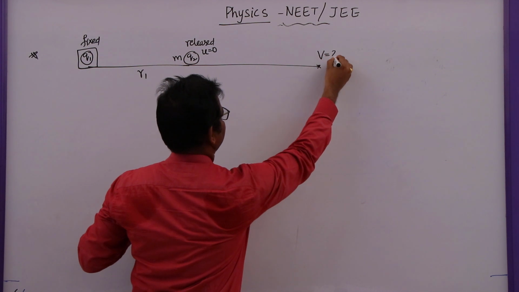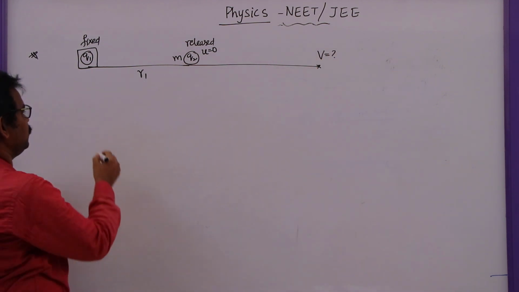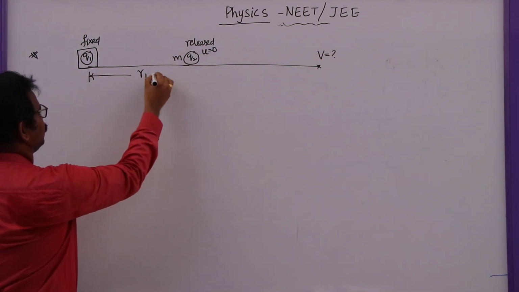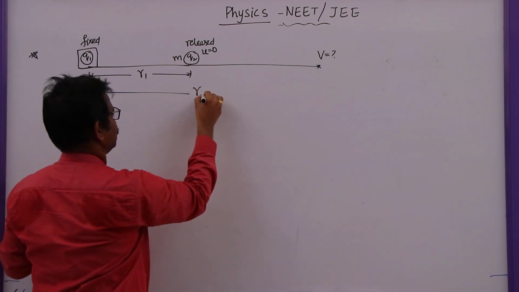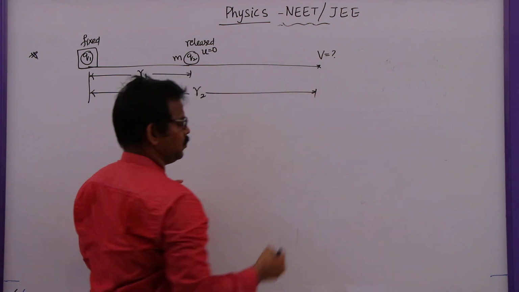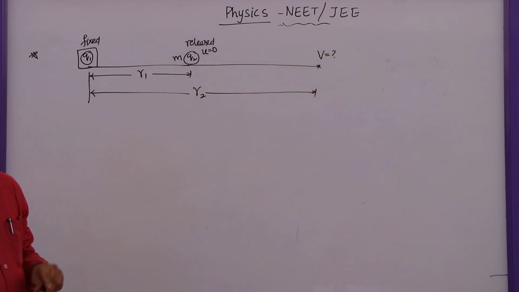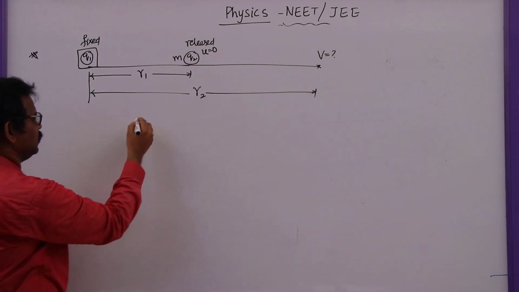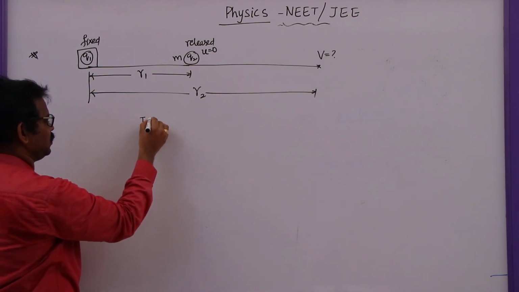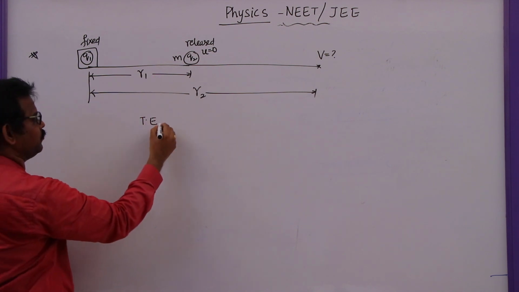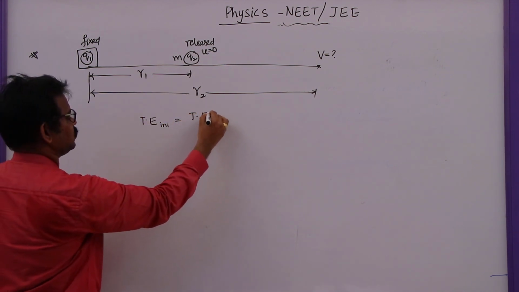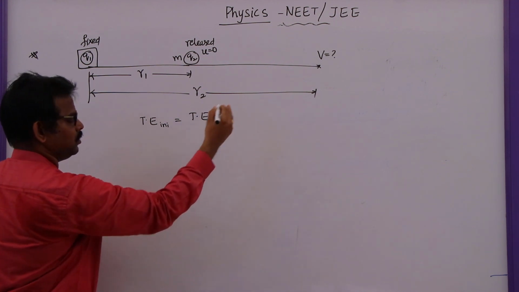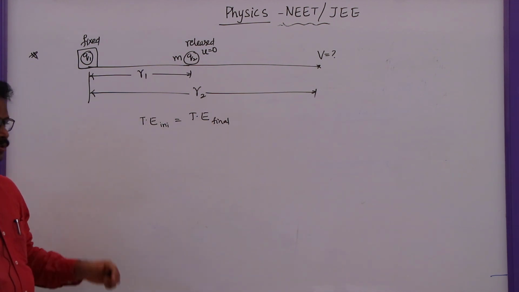So what is the velocity at that point? If the distance of separation between these two initially was r1, now when the charged particle reaches r2, what is its velocity? Here we will use the law of conservation of energy. So based on that, the total energy of the system initially is equal to the total energy of the system in the final position.